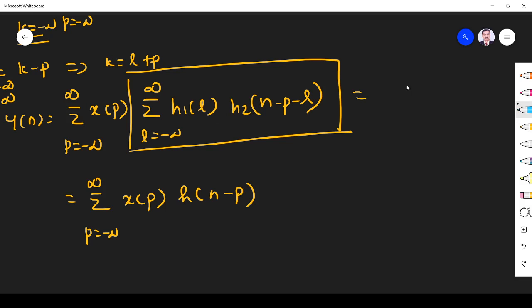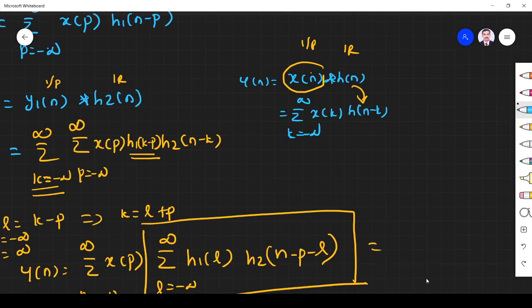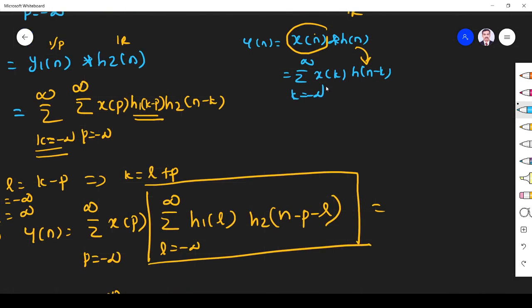Are you understanding the logic? What is the general convolution equation? X of k, h of n minus k. So it appears like h1 is convolved with h2 of n minus p. Yes or no? So this is a convolution between h1 and h2. Instead of x we have h1, instead of h we have h2, right?